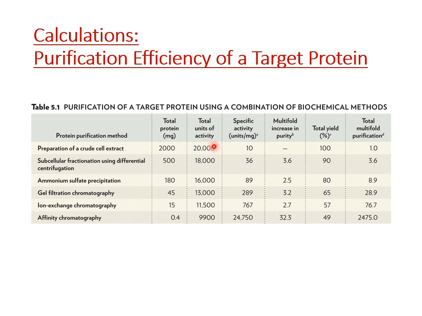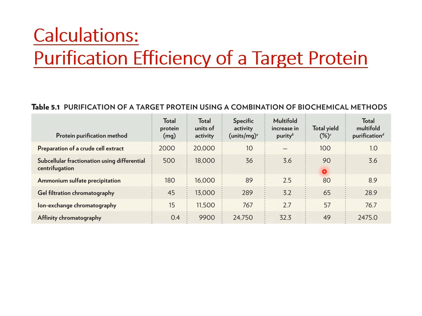In this case, the initial units of activity would be the first units of activity, which is right here. And then you multiply by 100 to get the percentage, okay? Now, in this case, because it's the first step, 20,000 divided by 20,000 is 1, and multiplying by 100, that's why you have 100 here.